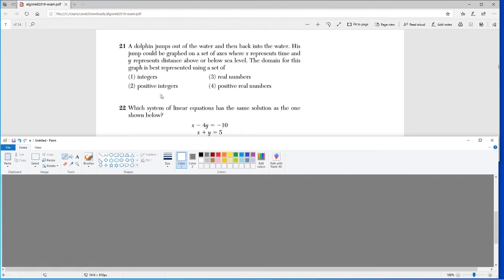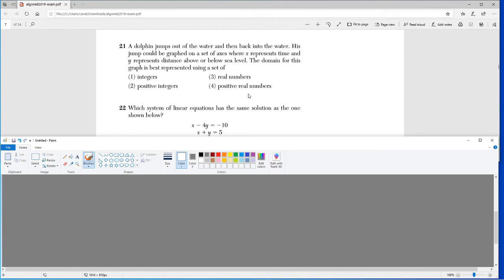If you think about time, can time be at 0? Yes, that's definitely possible. But could it be integers? No, I cannot have negative time. Integers include negative numbers. Is it positive integers? Real numbers, definitely not.